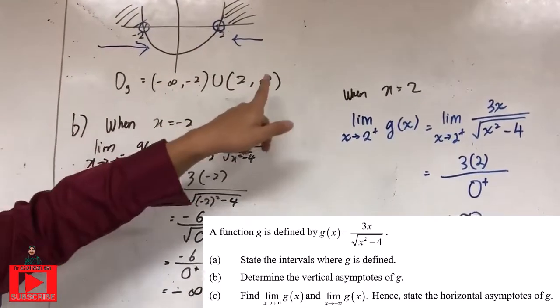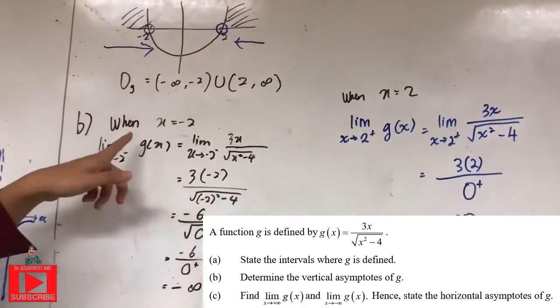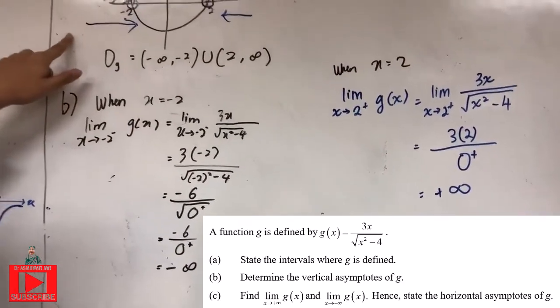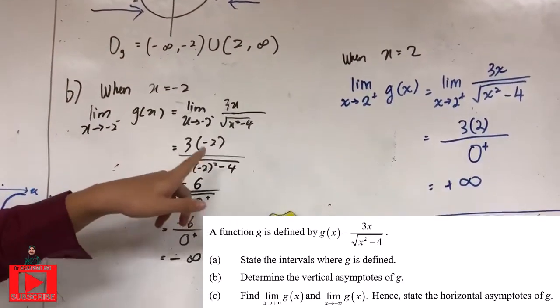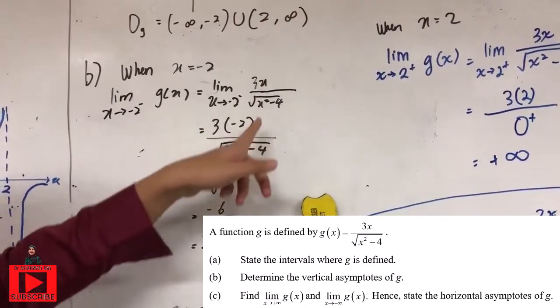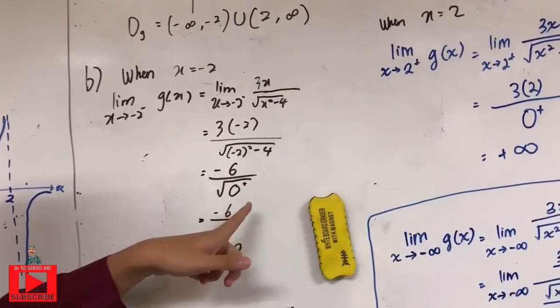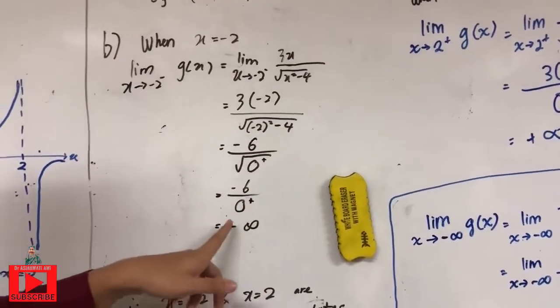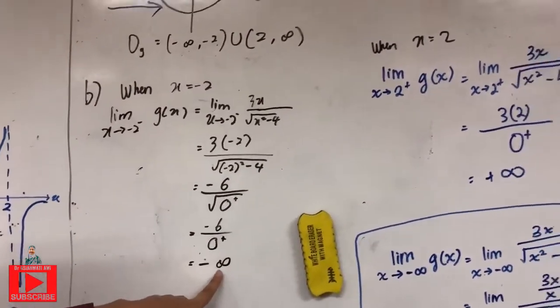union 2 to infinity. When x equals negative 2, approaching from the left to the right, we can substitute the value of negative 2 into this x, and we get 0 as a positive value, and when we divide we get negative infinity.